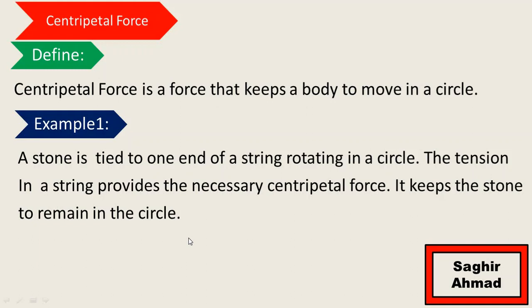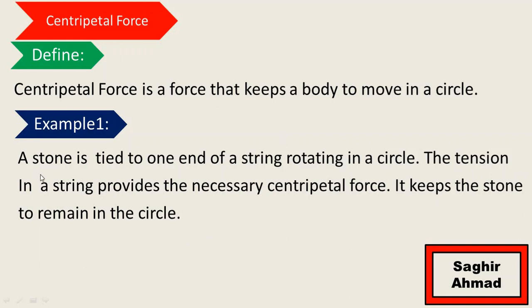If you take a body and attach it to a string, why is it not moving downward? Because a force in the string holds it in the upward direction. That force is called tension T.